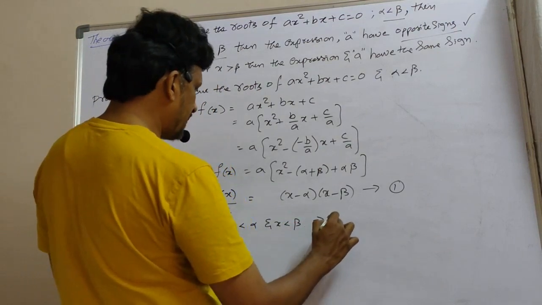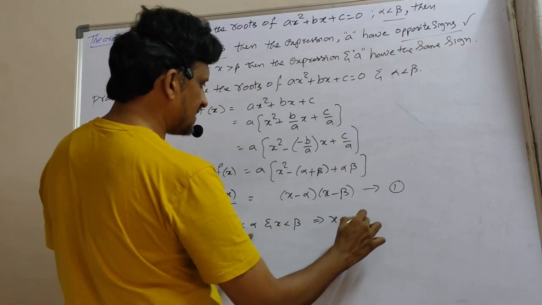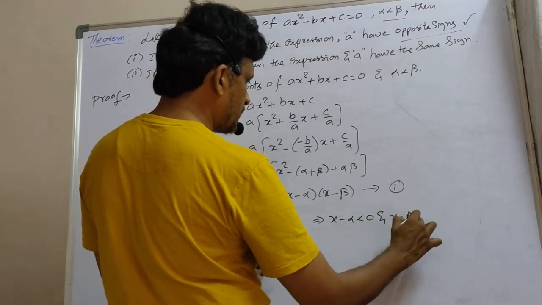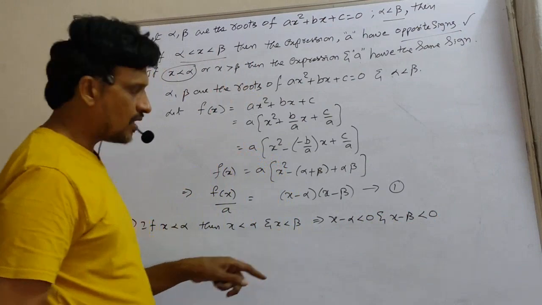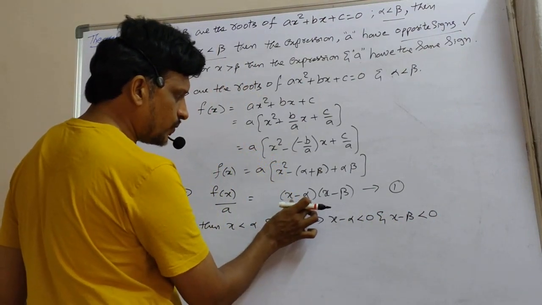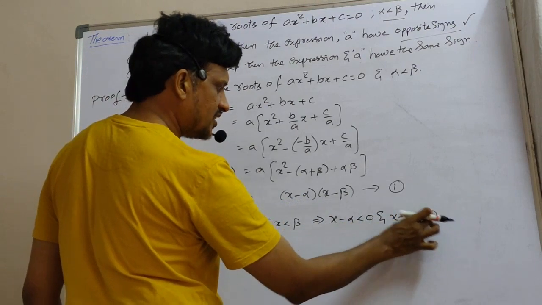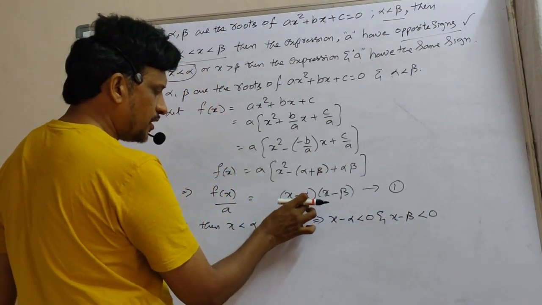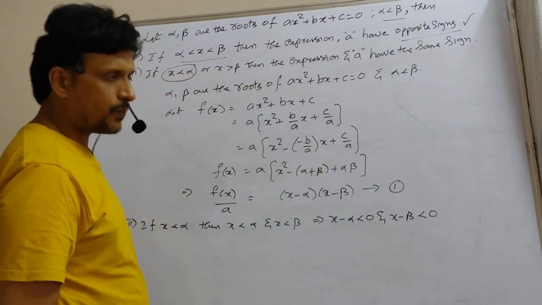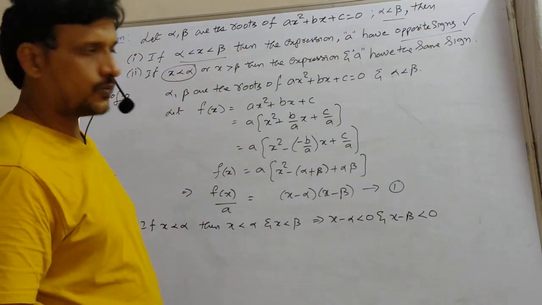X is less than alpha means x minus alpha is less than 0, and x is less than beta means x minus beta is also less than 0. So here in this particular case, x minus alpha less than 0 means negative, x minus beta less than 0 means negative. So this is negative, this is also negative, minus into minus will be plus, that means product of two negative numbers is positive.